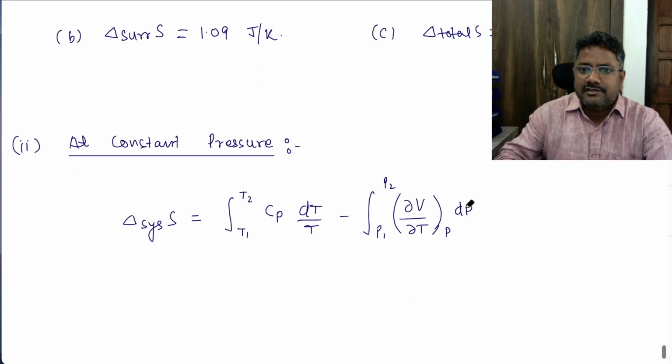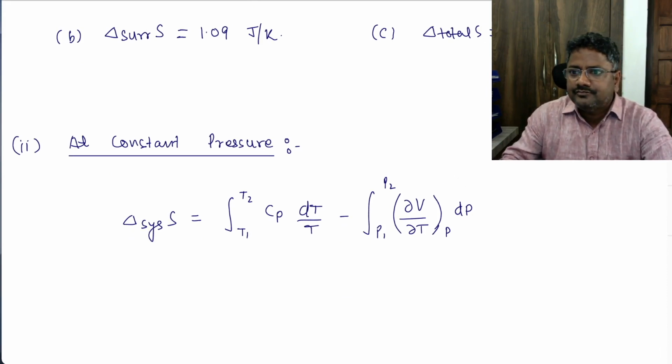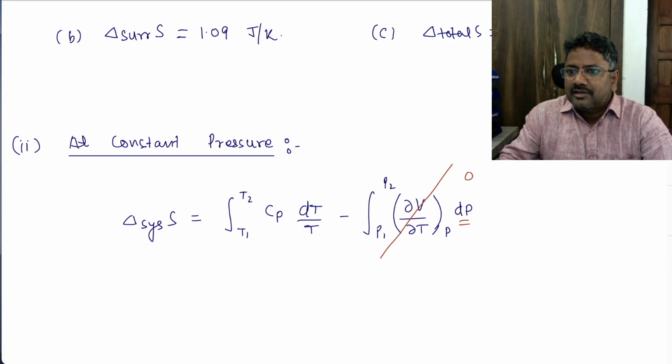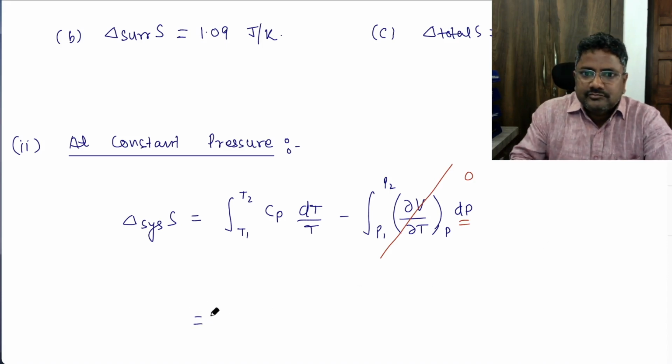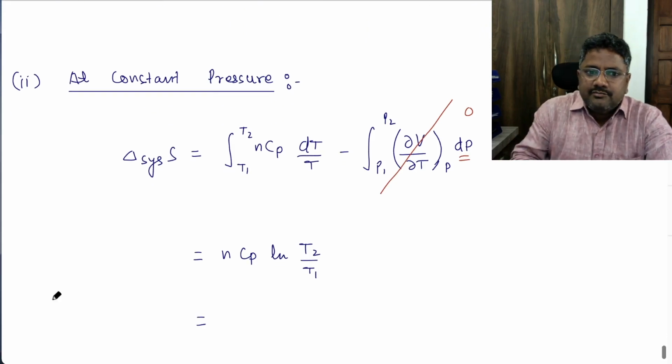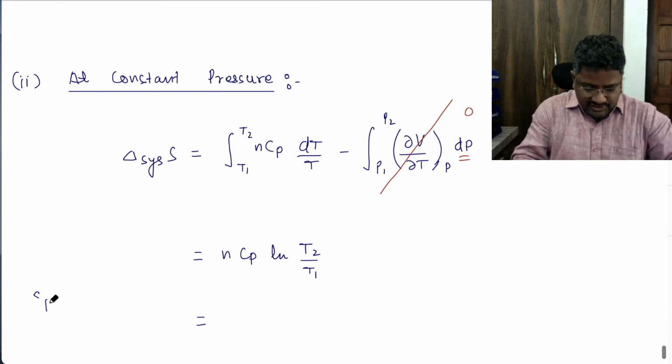So this term is 0, because dP is 0. So your formula becomes N Cp ln T2 by T1, with the same T2 and T1. Here Cp is equal to, the value of Cp will change this time.